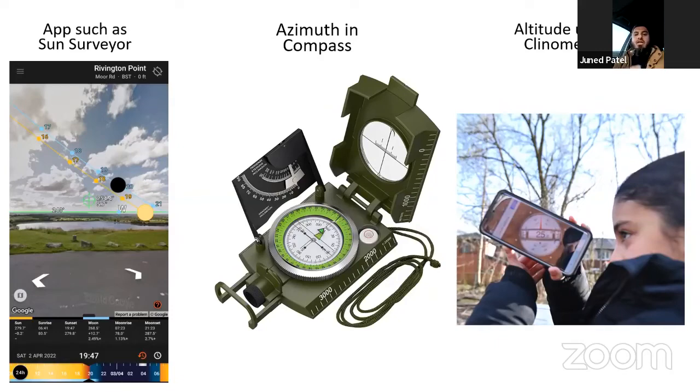If you see in my picture, the first picture is a Google picture, but the app is showing where the moon is when standing at that location. It gives you a very accurate position in the sky, which side it is on, and then you can work it out and use the clinometer to point at the sky.